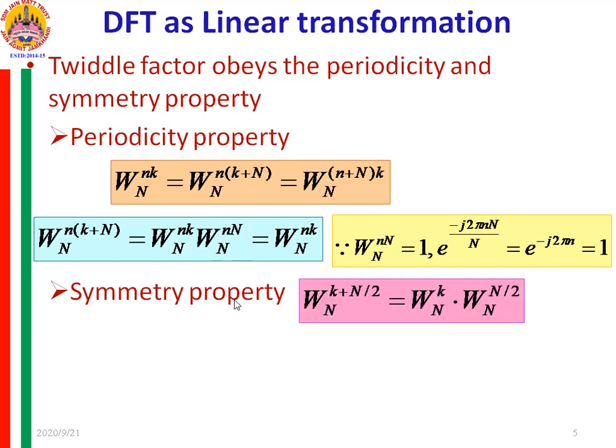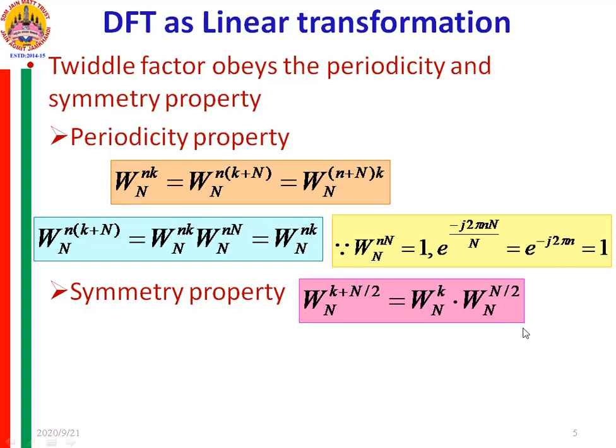Now for the symmetry property, it is symmetrical about the N by 2 points. So if you have W raised to k(n plus N by 2) and you split these two terms, you get W raised to kn into W raised to (N by 2)k. Now in this exponential term, if I replace this N with N by 2, N will get cancelled and 2 also will get cancelled, and you will remain with e raised to minus j pi.